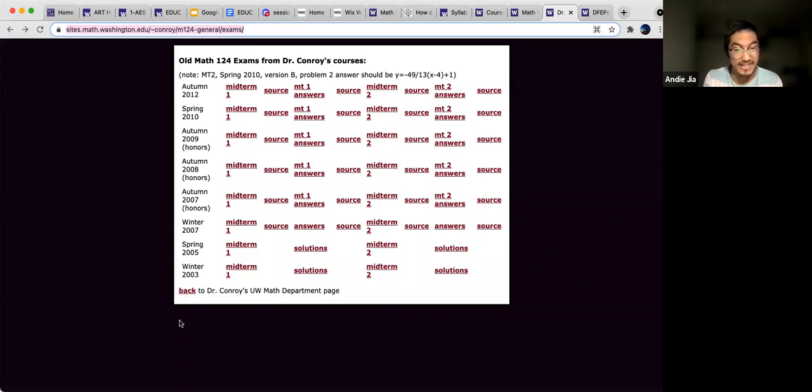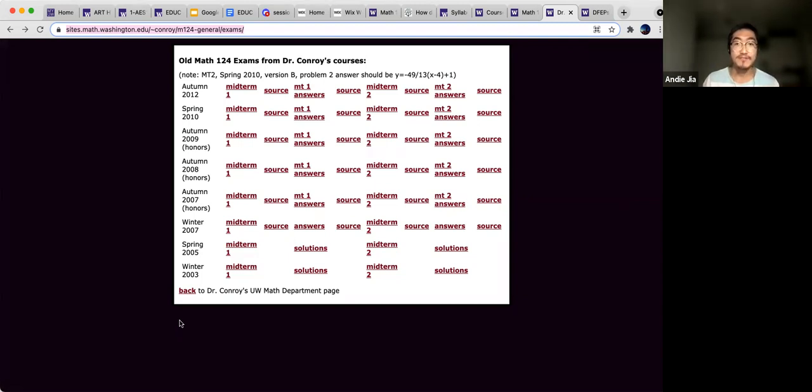Conroy's exam is more mechanical, more like computation. I think sections 2.7 and 2.8 are what you need to focus on, because 3.1 to 3.3 is all you need to compute the derivative, which is pretty easy.